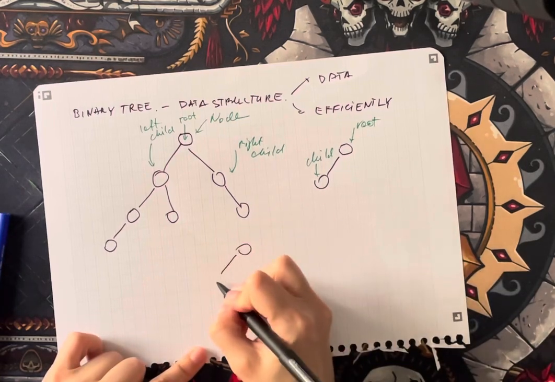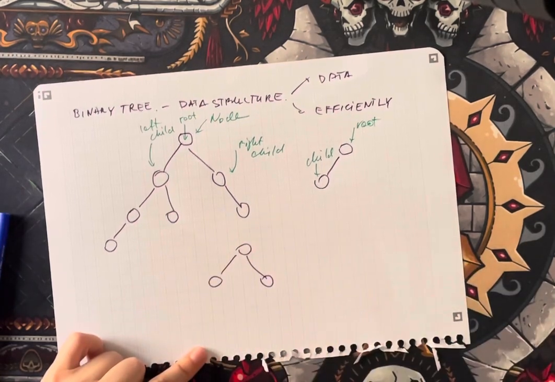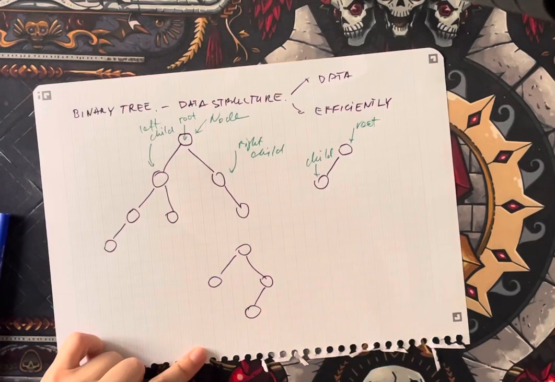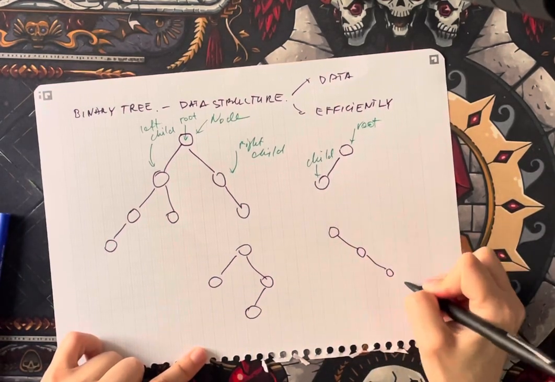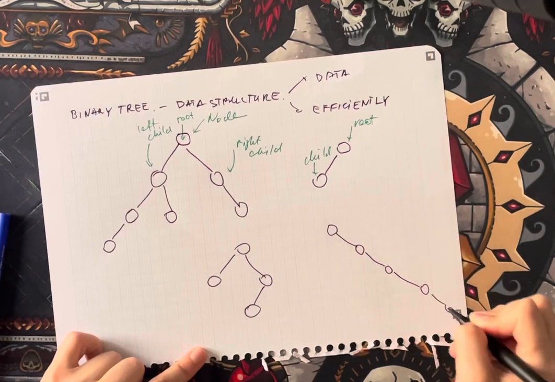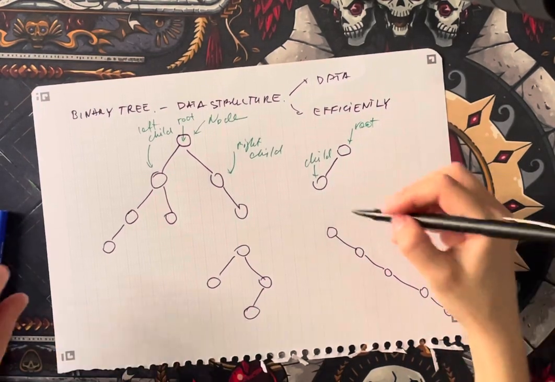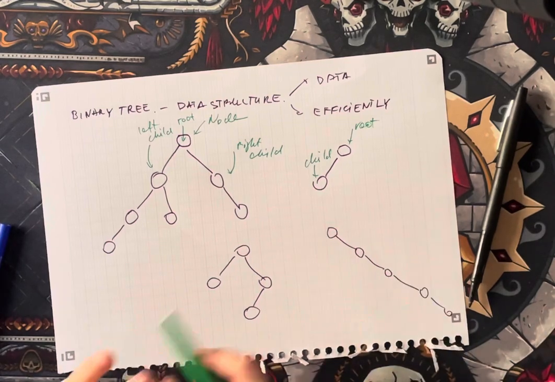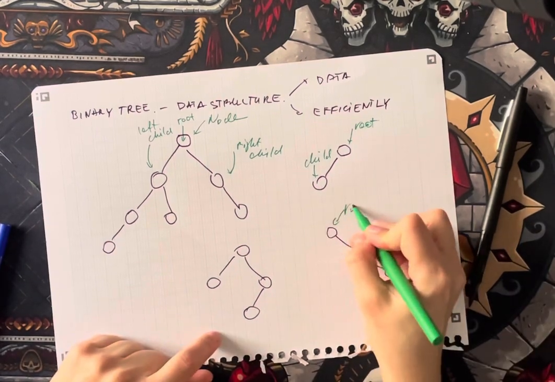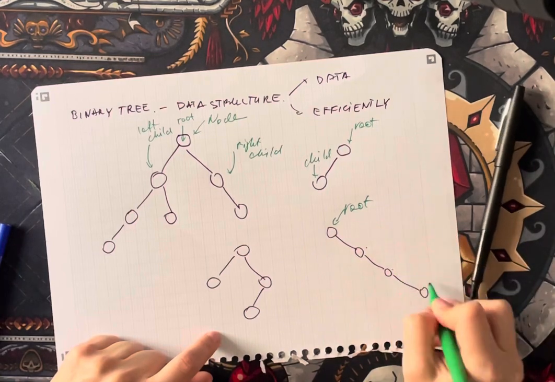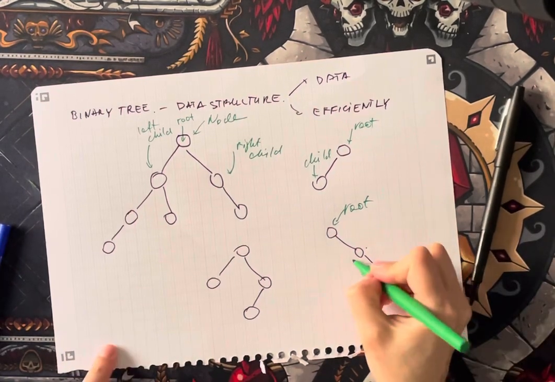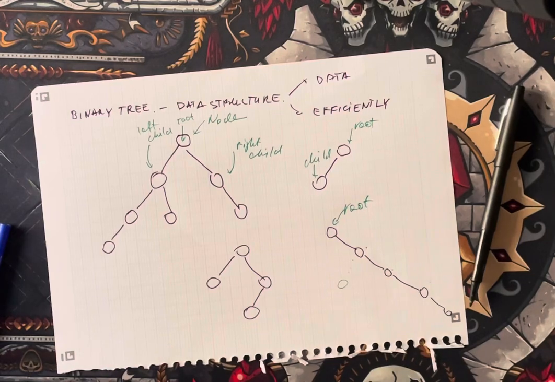This is a binary tree. Even something like that is still a binary tree. Indeed, here we have a root, and we have right child, right child, right child, right child, and all of this is not present.